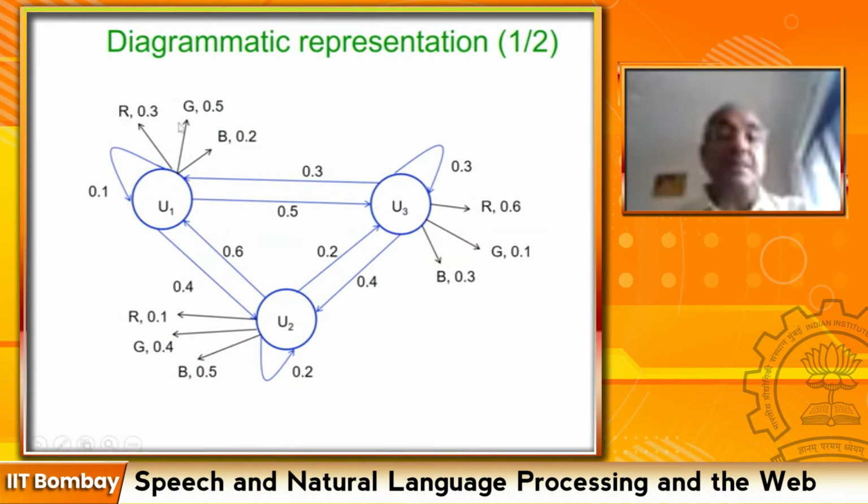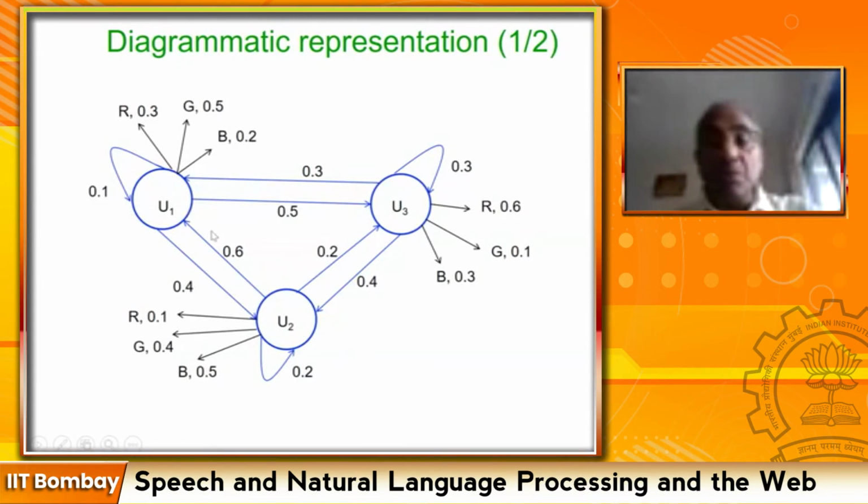That's because 30% of the balls are red, 50% green, 20% blue. And we also have a blue arrow coming back to U1. That is nothing but probability of U1 given U1. The probability of coming back to U1 starting from U1. That probability is 0.1.